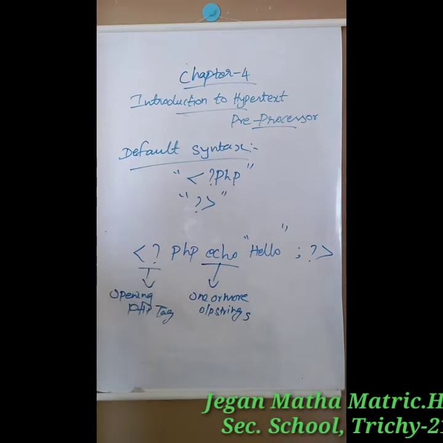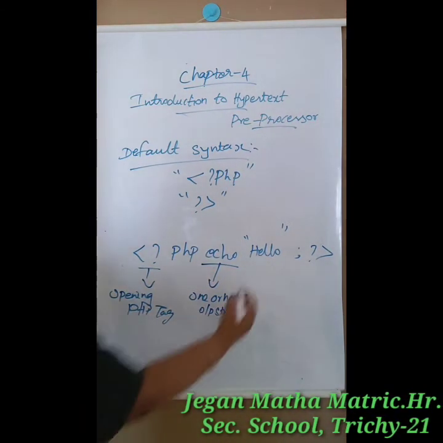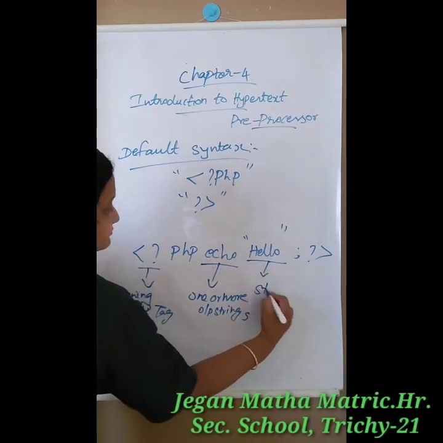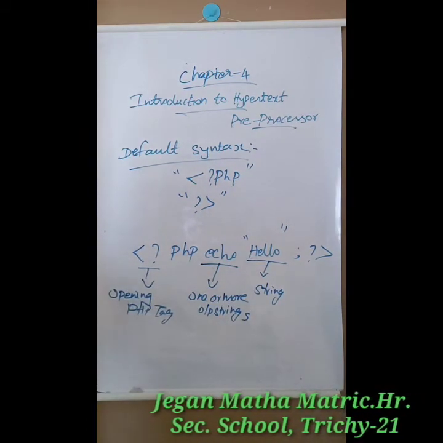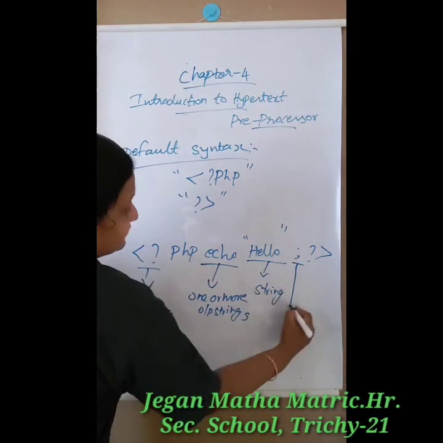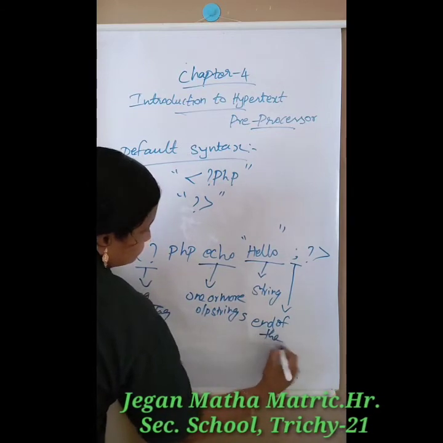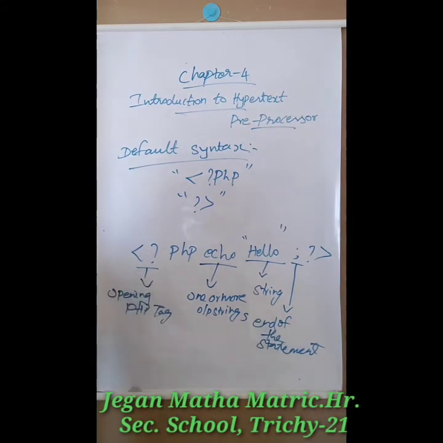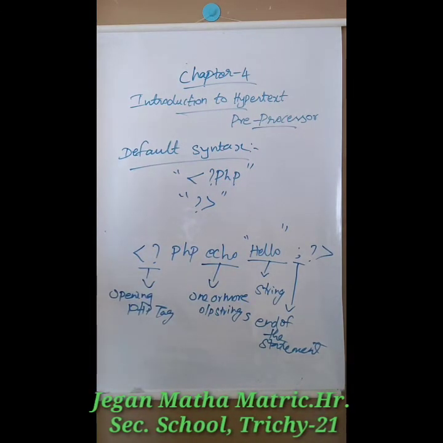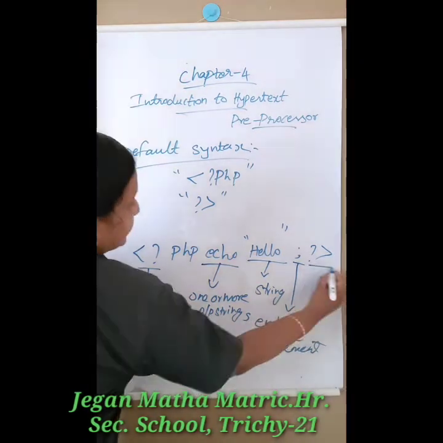This one is called a string. The last one, the semicolon, is always used as the end of the statement. And the last one is the close tag, the closing PHP tag.